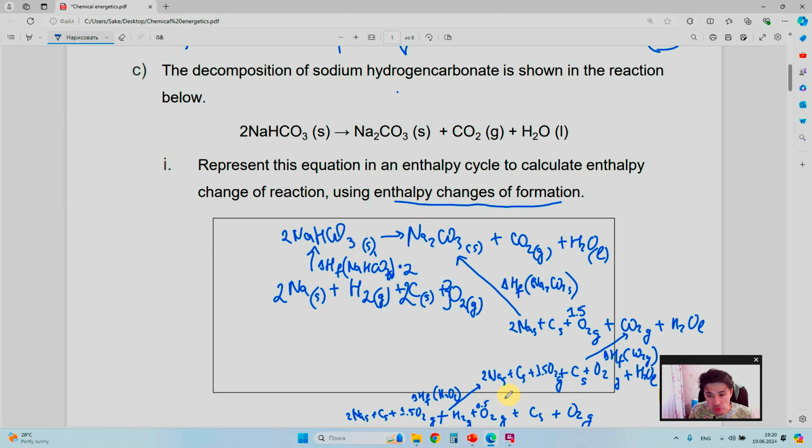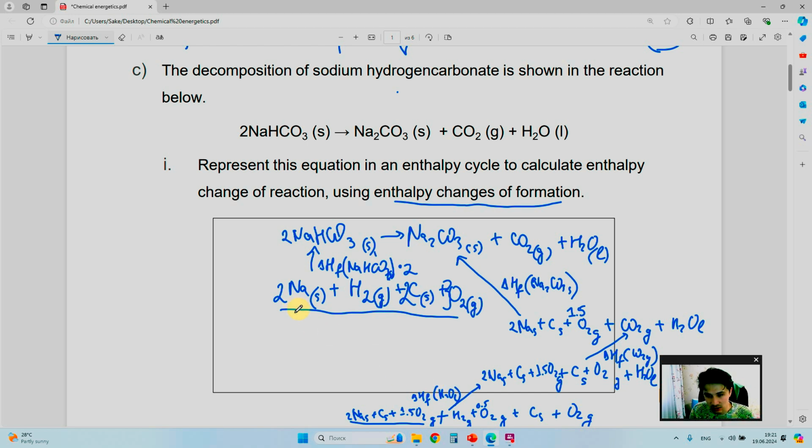Now we need to make a cycle. As you see, we don't have a cycle yet, but we can compare these ends of kind of sets of reactions. So you can compare this part with this part, and if we have all of the species given in same amounts and nothing more, it means we have made a cycle.